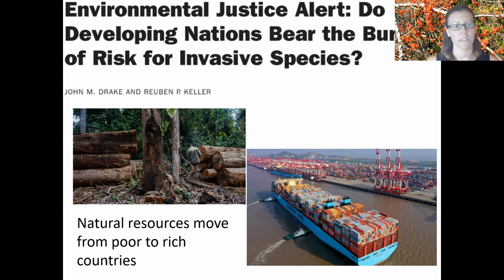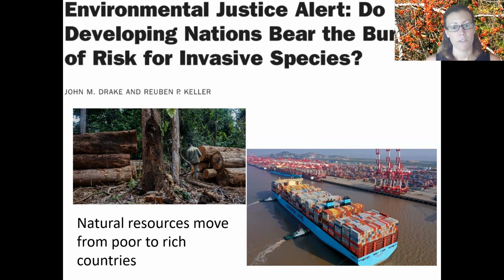So the picture on the left is wood extraction from the Amazon, right? A lot of wood being extracted, a lot of mineral wealth, oil, whatever it is.